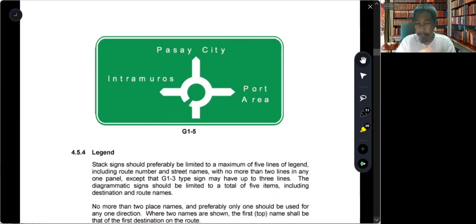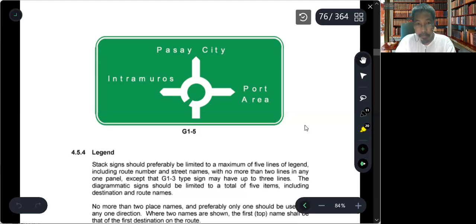Okay? And so if the road is municipal, our local government would provide these things. And if our local government officials, like the engineering office, are not aware or not doing their job, they are supposed to put up a guide sign on that area, on the rotonda, like this.